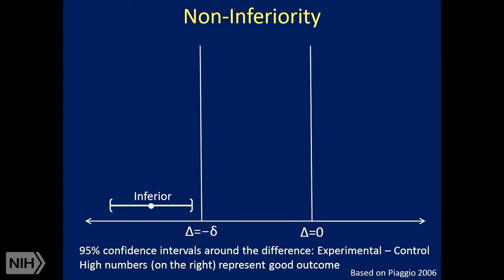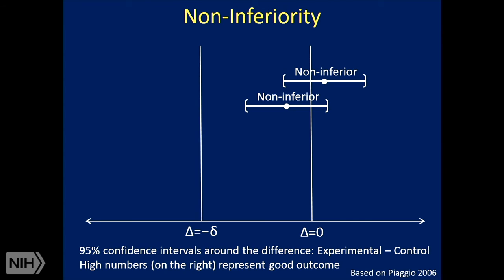And if it's on this side of minus delta, it's inferior. And here's the key thing. If the confidence interval is to the right of this minus delta, that's when I claim non-inferiority. Because I'm saying, yeah, it may be less than 0, but it is within the margin. And I'm completely within the margin. So that's non-inferiority.